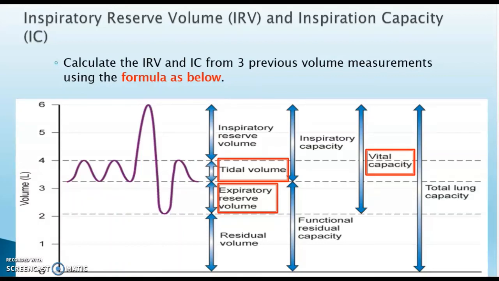Relatively, vital capacity has the highest value of respiratory volume compared to tidal volume and expiratory reserve volume. Tidal volume, which is the volume of air inhaled and exhaled during normal quiet breathing, has the lowest respiratory volume relatively.